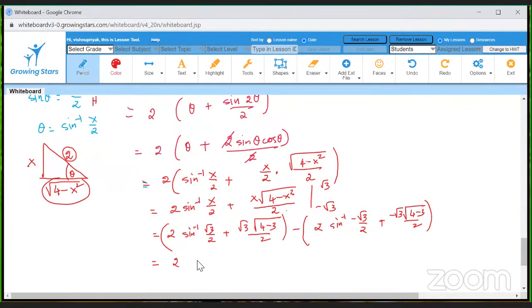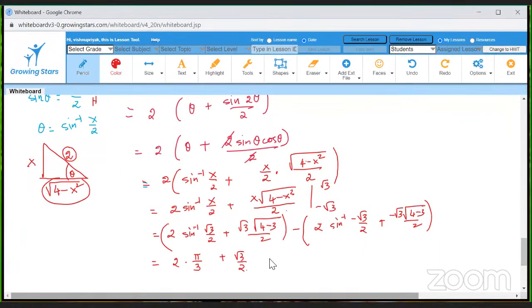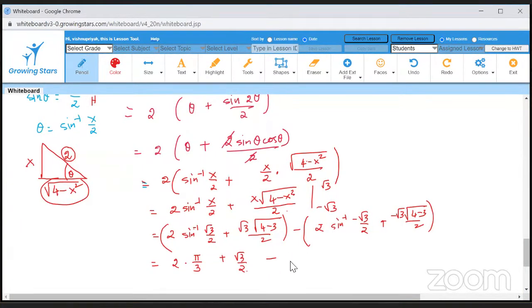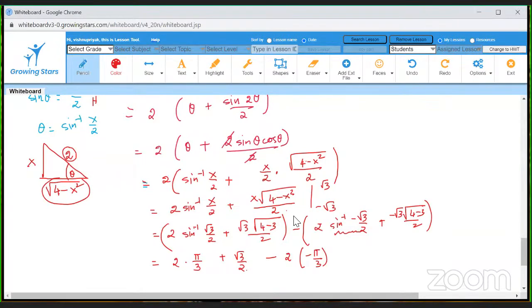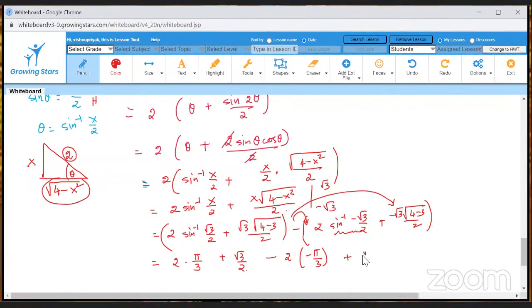Sine inverse root 3 by 2 is pi by 3, 60 degrees. Minus 2 sine inverse minus root 3 by 2 is minus pi by 3, and this minus is coming. Then here minus and minus will become plus root 3 by 2.